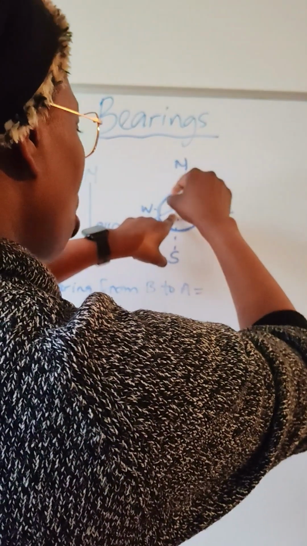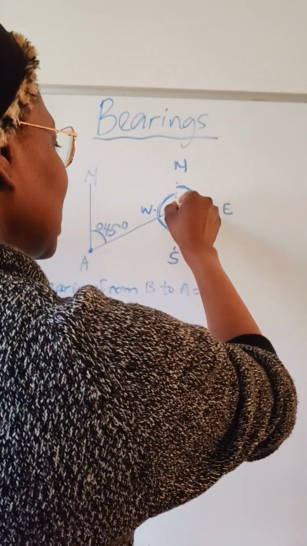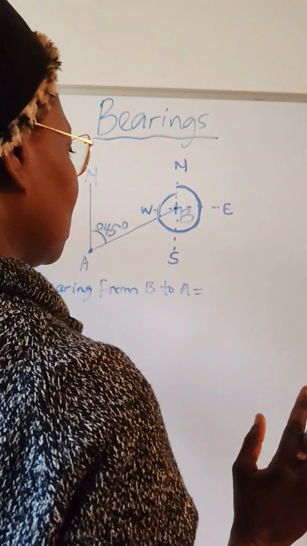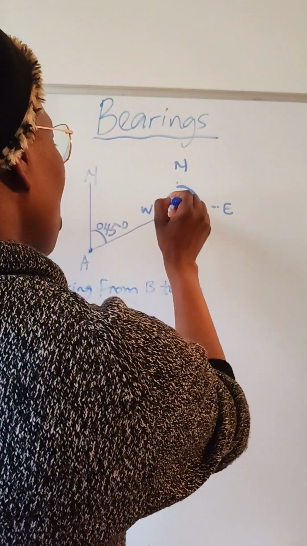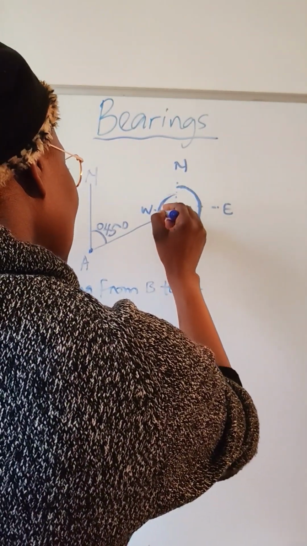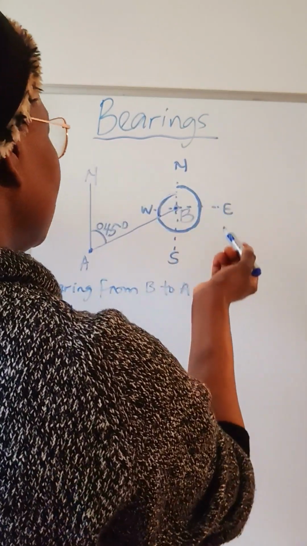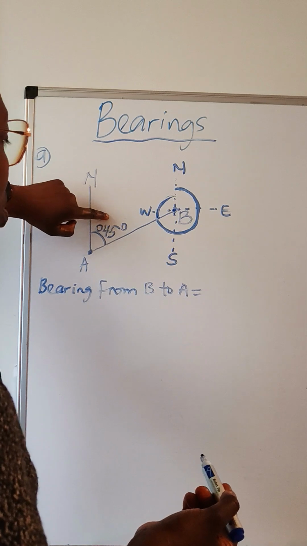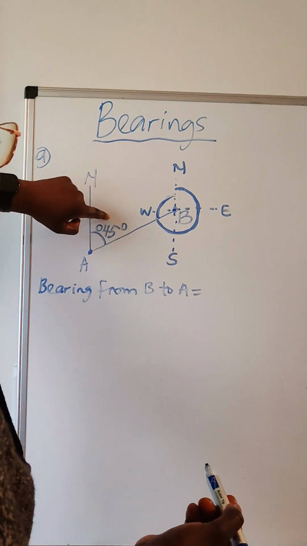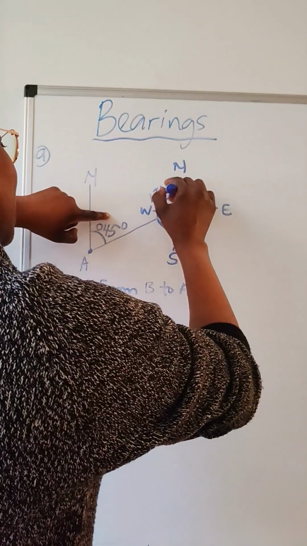But the full turn angle at the point is 360 degrees. So if this co-interior angle C here adds up to 180 degrees, it means we're going to subtract 45 degrees from 180 degrees to have 135 degrees here.